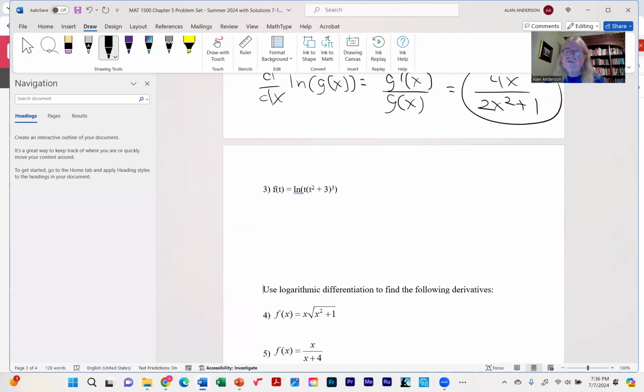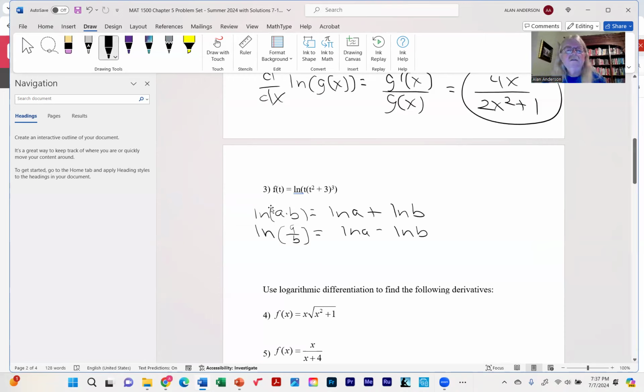Like in this case, for example, you notice how we have a product and we also have an exponent. So if you recall, the log of a times b is the same thing as log a plus log b. The log of a divided by b is log a minus log b.